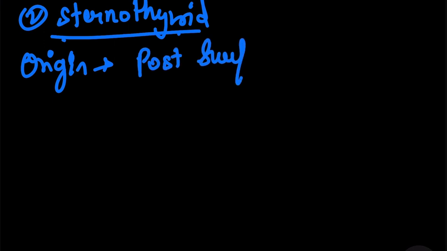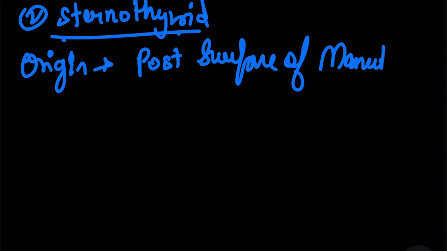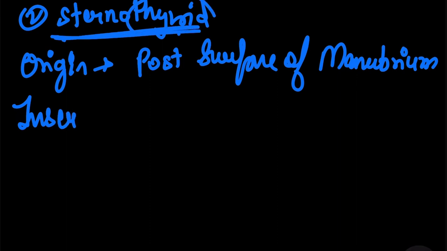Moving forward, our second, that is sternothyroid. So as the name suggests, some part of sternum is there, and some part of thyroid part is there. So first origin, right? Origin is posterior surface of manubrium. Then insertion, the second part of this is thyroid part.